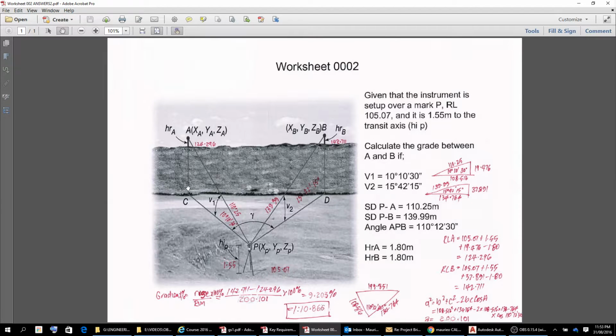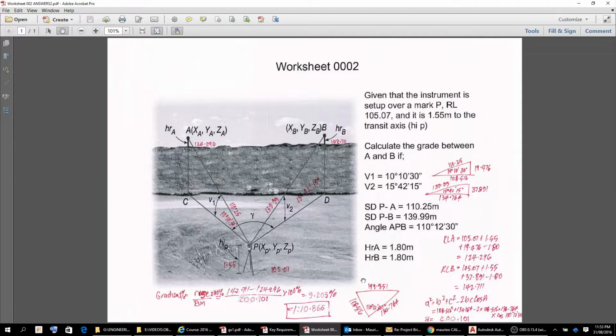It doesn't really matter, because A is vertically above C and B is vertically above D, like so. So we can look at that triangle here, and I've done that down here with the horizontal distances. So we've got 108.516 here and 134.764 here, and the angle between them, as stated, is 110, 12, 30.